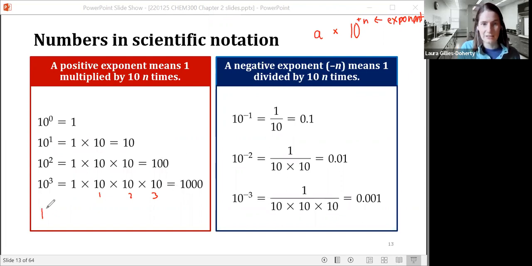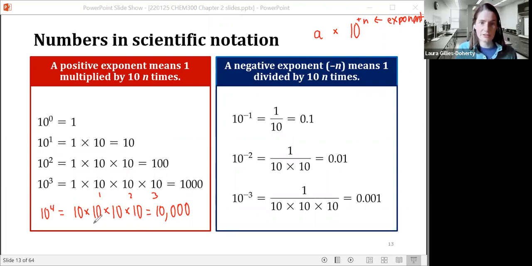If it was 10 to the 4th, that would be 10 times 10 times 10 times 10 equals 10,000. So with positive exponents, the larger the exponent, the bigger the number. Each time the exponent increases by one, you add another 0 to the number, 3 zeros, 4 zeros.